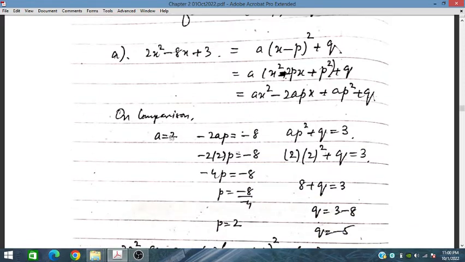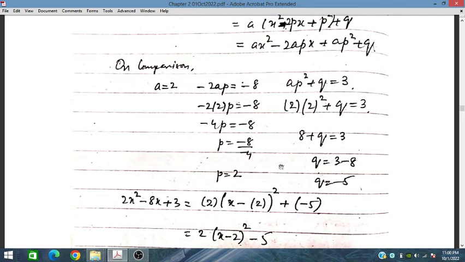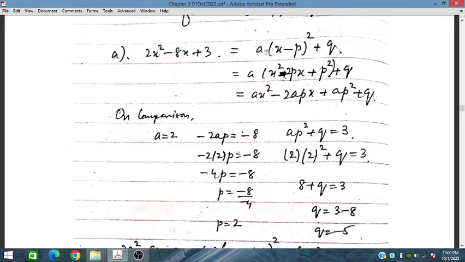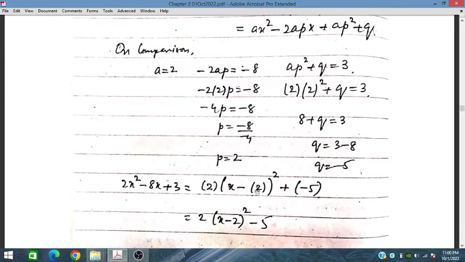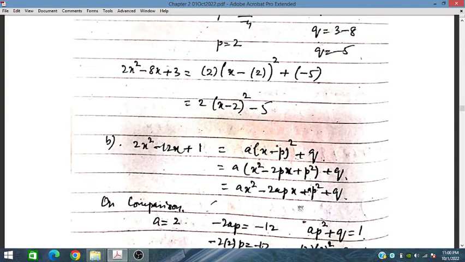So we will get a, p and q by solving. First place a here, get the value of p, and with a and p get the value of q. Once we get the values of a, p and q, we put them here at their respective positions. So we get this structure into this one. Similarly for the others.